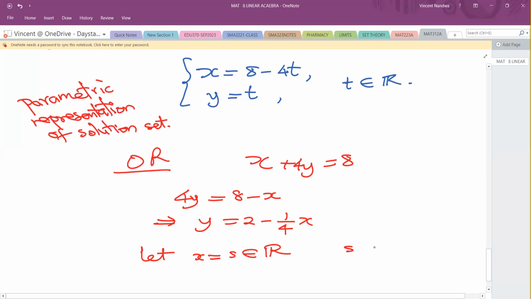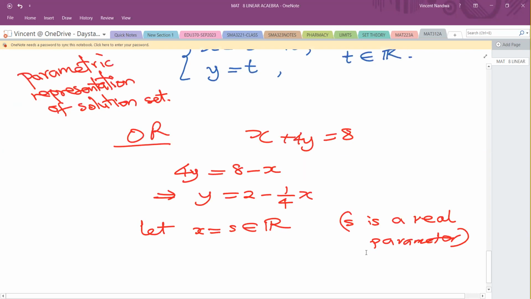So s is a parameter. Let x equals s be a real parameter, which is the solution now to the variable x. And this means that y will be 2 minus a quarter s.